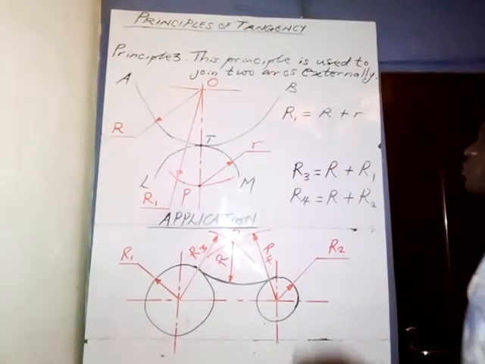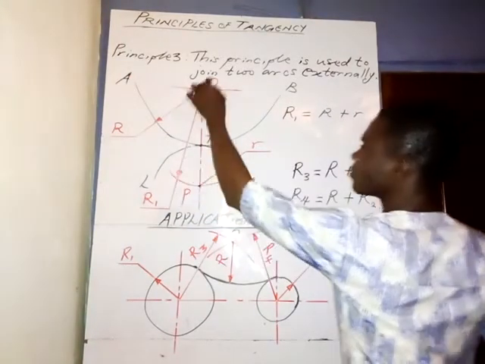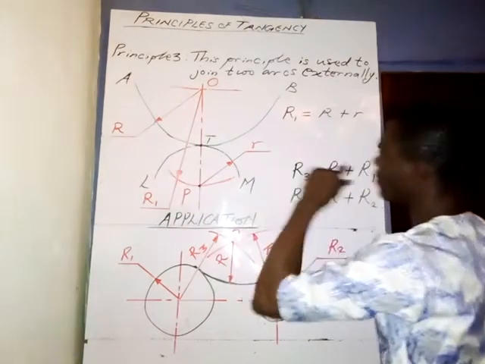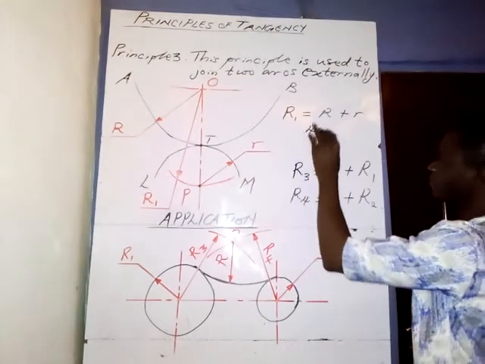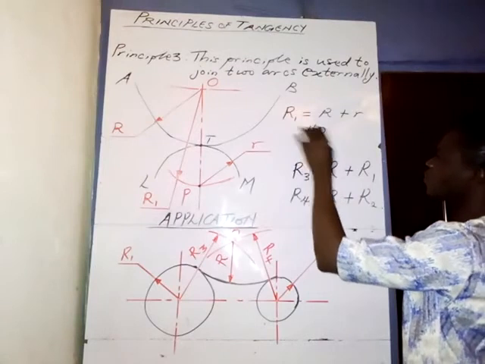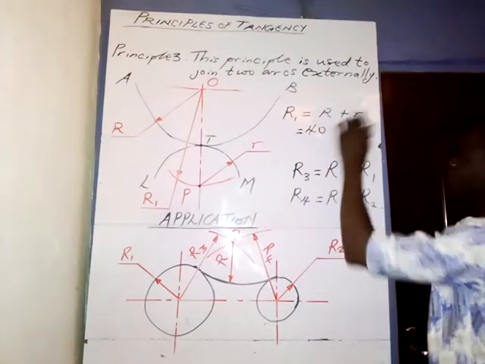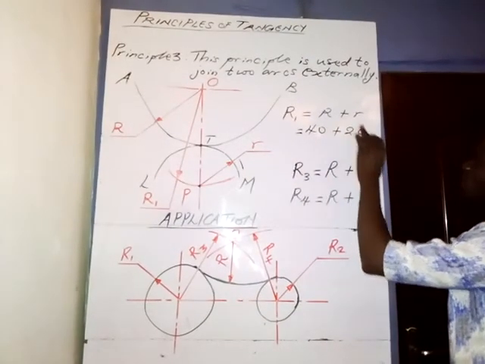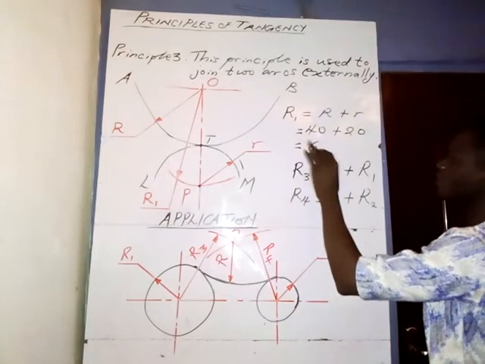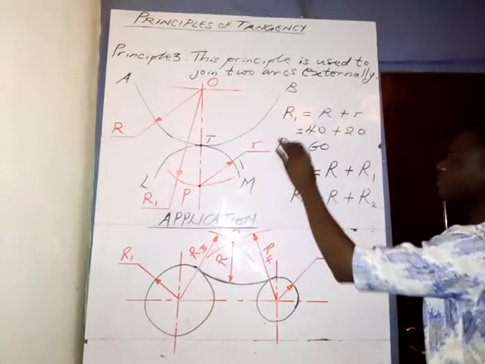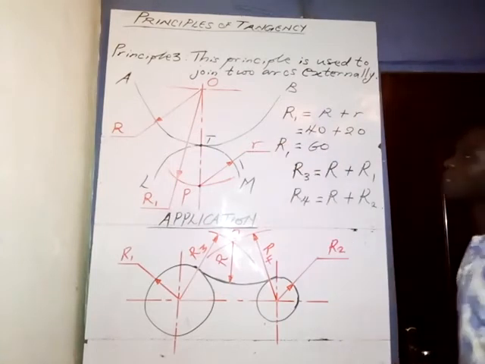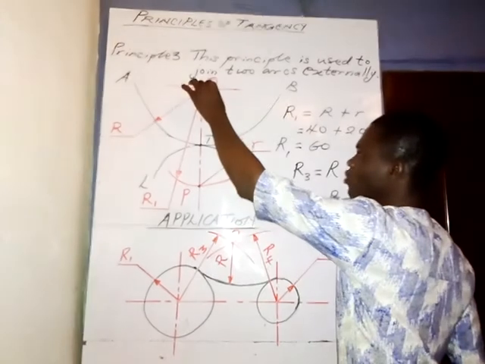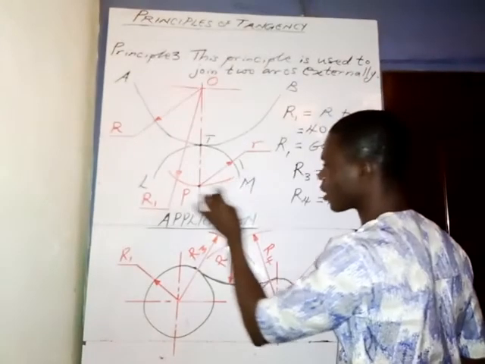So let's assume that the radius of arc AB is 40. That is, R is 40. And the radius of arc LM is 20. That means we have 40 plus 20, which gives us 60. So you take this as R1, 60 millimeters, put it at point O here, and draw this arc.